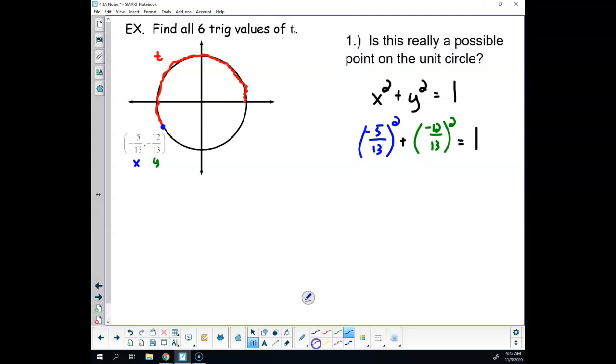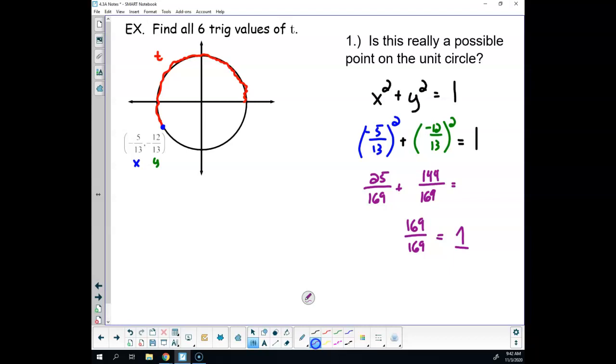So this would be 25/169 plus 144/169, which is 169/169, which is 1. So that works out. This point is on the unit circle.